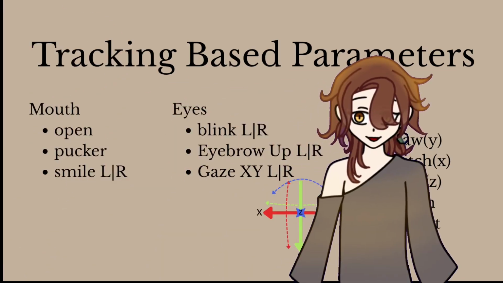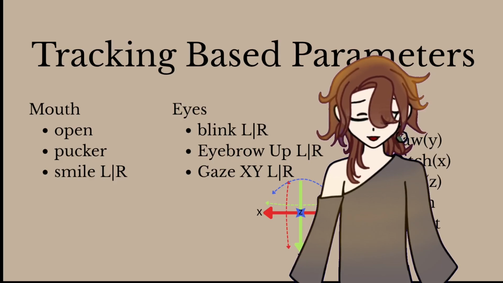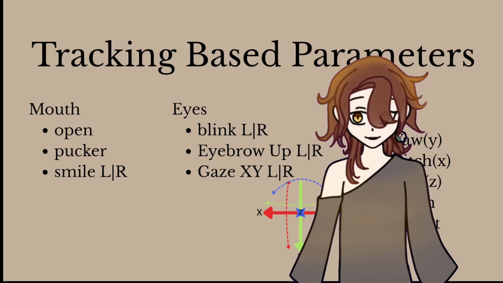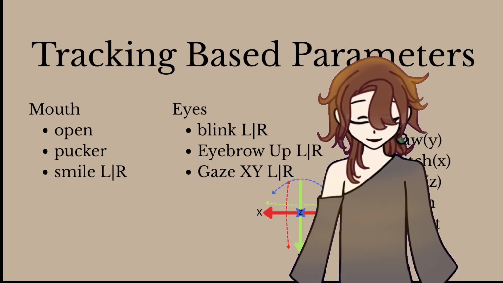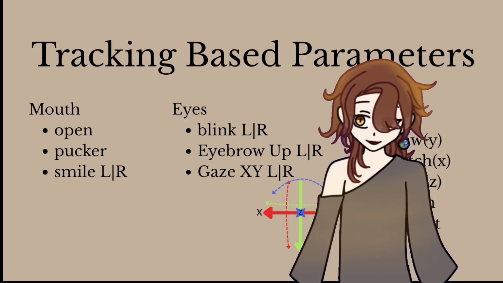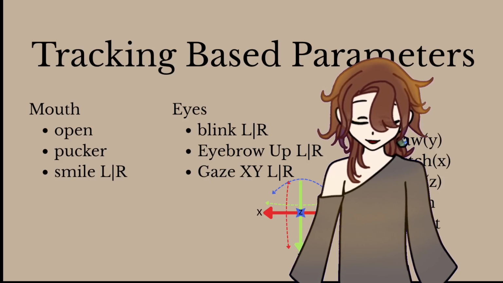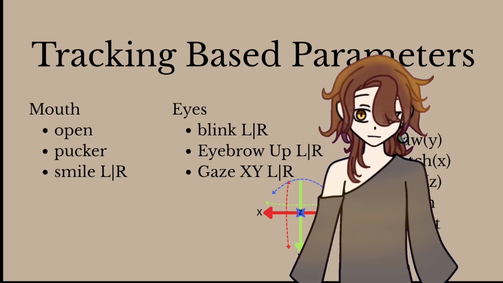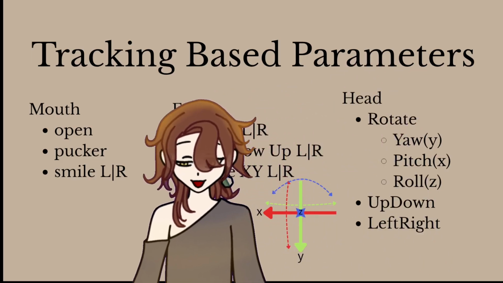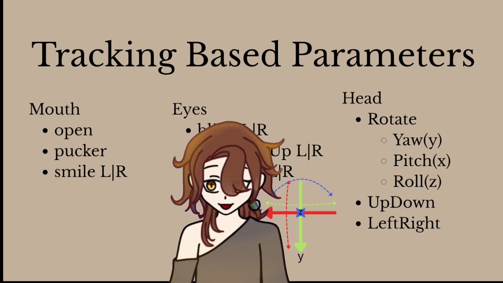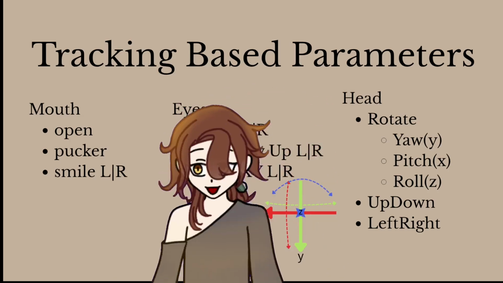And for the eyes, we have blink, left blink and right blink, and gaze for only left eye and only right eye. So here are 6 parameters. Oh wait, eyebrow. And then for the head, we have rotate. You can see this graph I made.